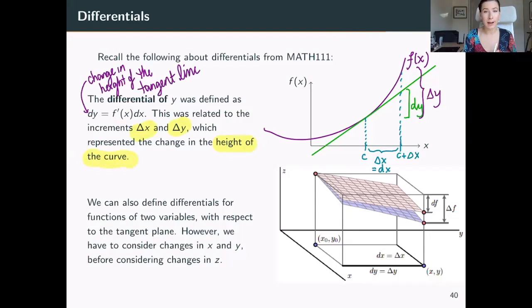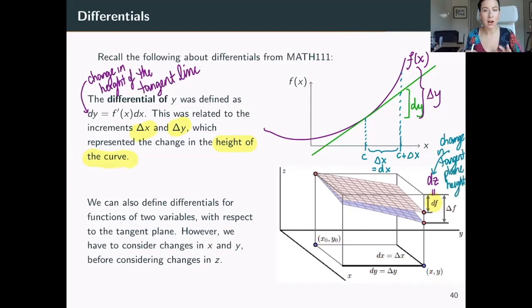We can also define differentials with respect to two variable functions, where now our dz is going to be the change in the tangent plane. So here we have this df, which we could also call equal to dz, which is the change in the tangent plane height.